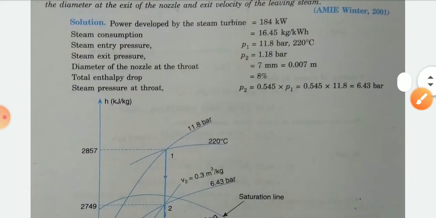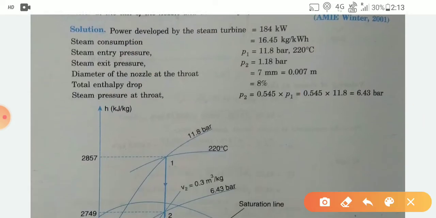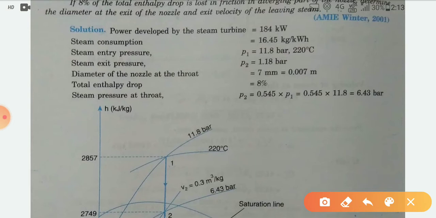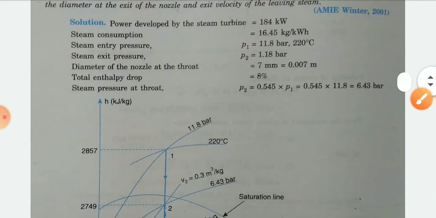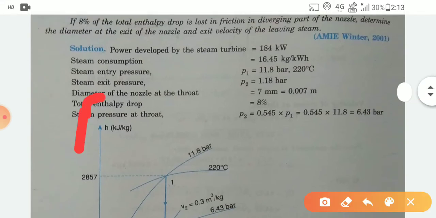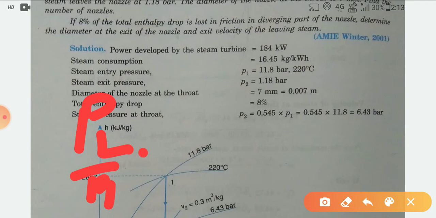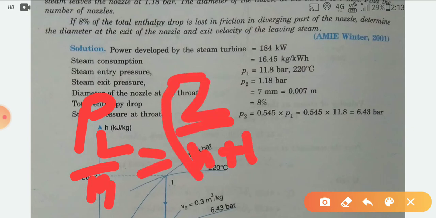So using this formula I can find steam pressure at the throat. P2 is equal to 0.545 into P1. So you can finally find 6.43 bar. How does this come? This is the basic formula: P2 by P1 is equal to (2 by n plus 1) whole power n by n minus 1.